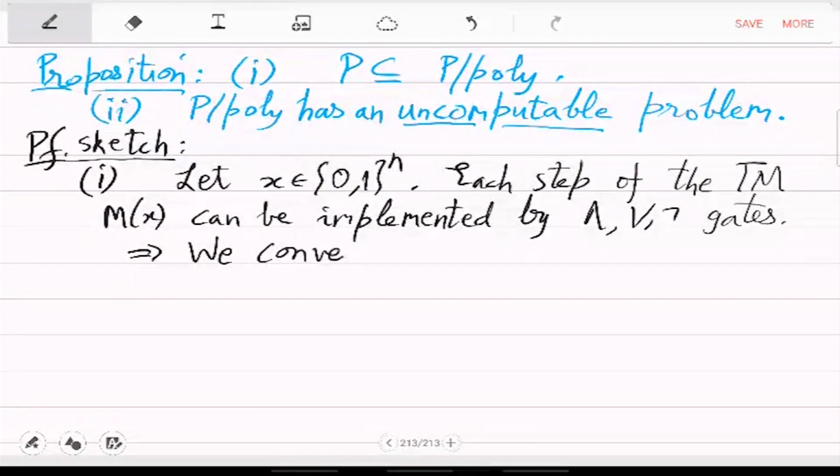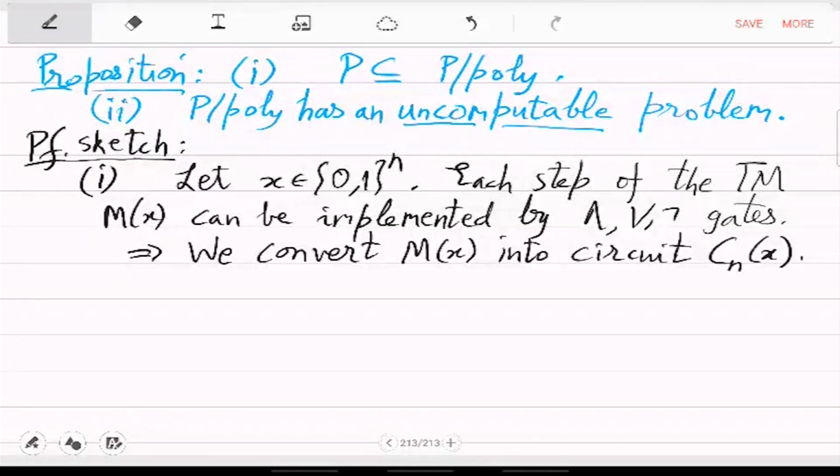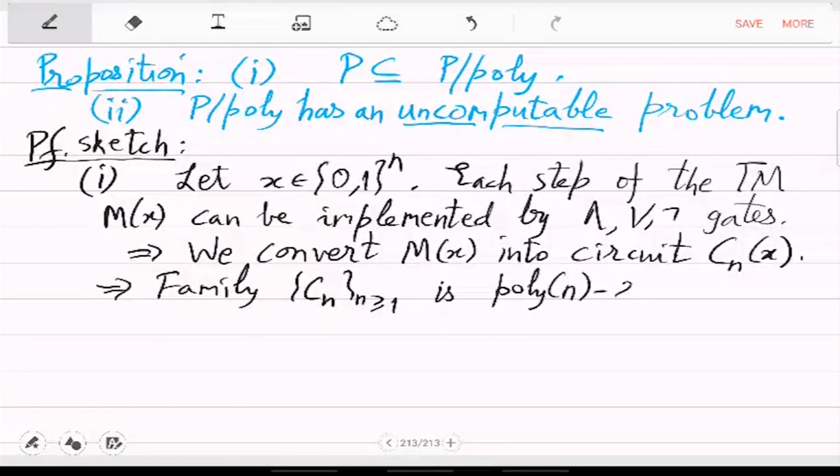We convert M on x into circuit C_n, and it is easy to see that since the number of steps is polynomial in n, the circuit family C_n as n grows is poly(n) sized. So that means P is contained in P/poly.